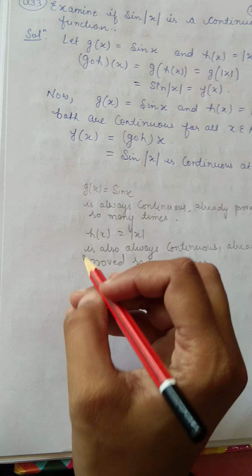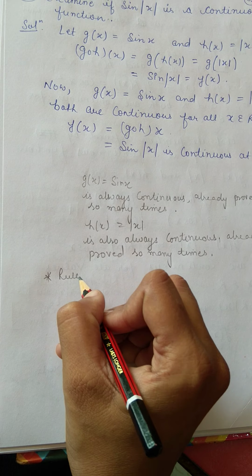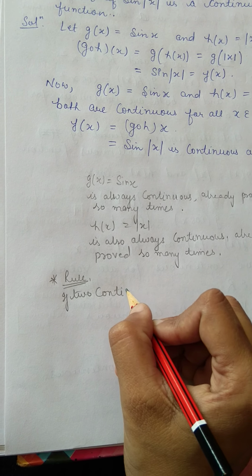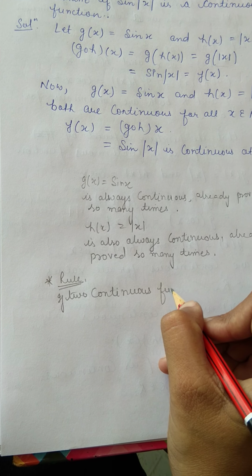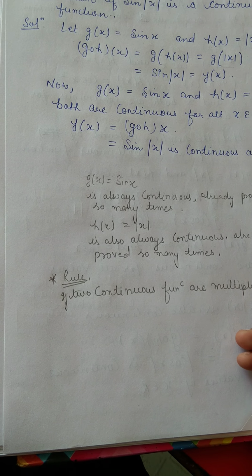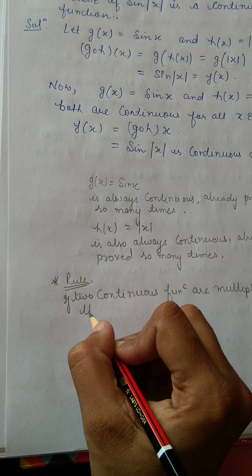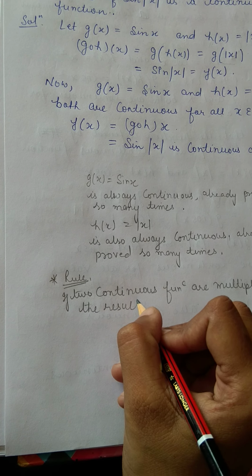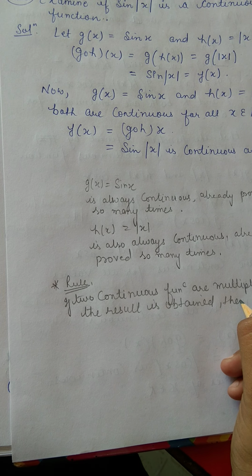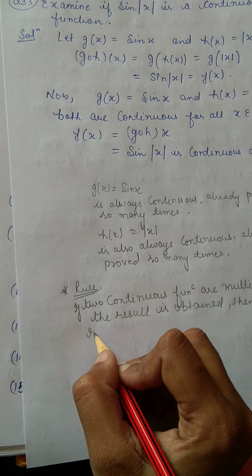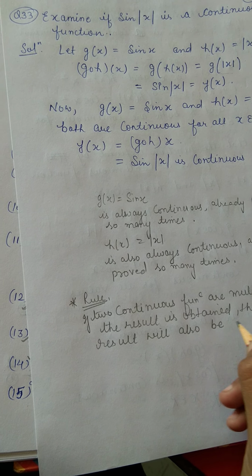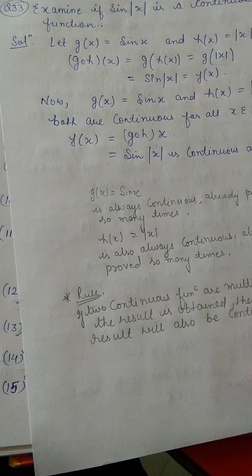Along with this बच्चे, as per rule, if two continuous functions are multiplied and the result is obtained, then the result will also be continuous.